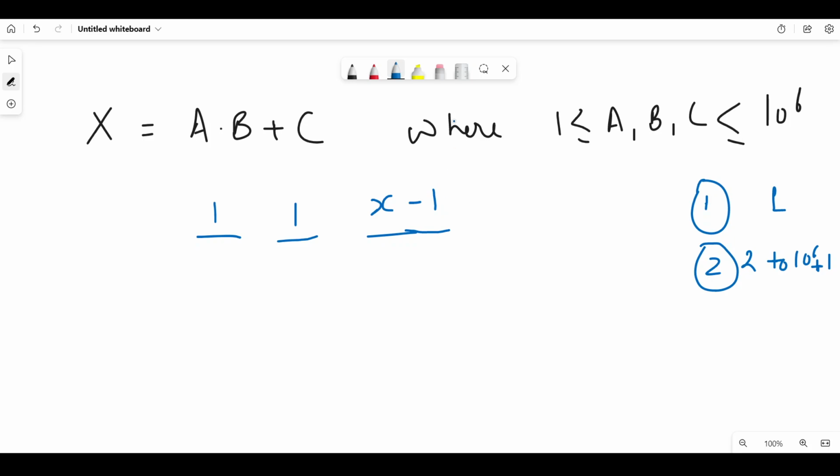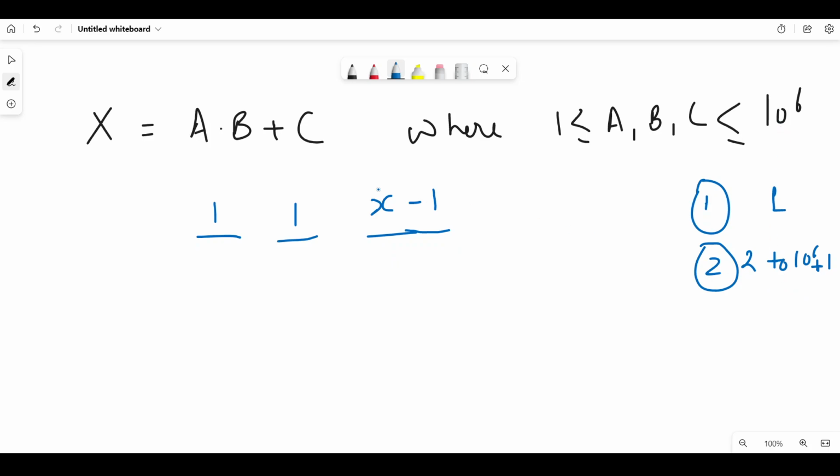But there is a catch. The maximum value we can assume for any value of the triplet is 10 to the power 6, that is given in the problem, and it cannot go beyond 10 to the power 6.